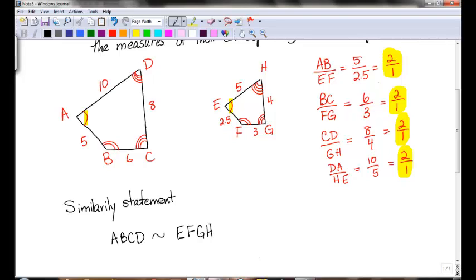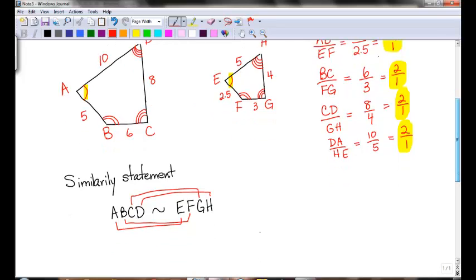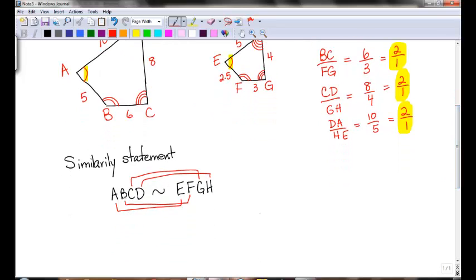Okay, that makes sense? So connect these a little bit: A is similar to E, B is similar to F, C is similar to G, and D is similar to H. And it's cyclic. If I wrote this A, B, C, D in a different order, let's say C, D, A, B.